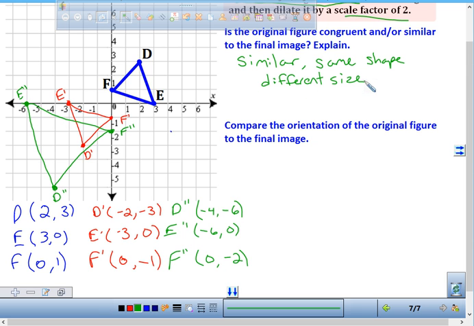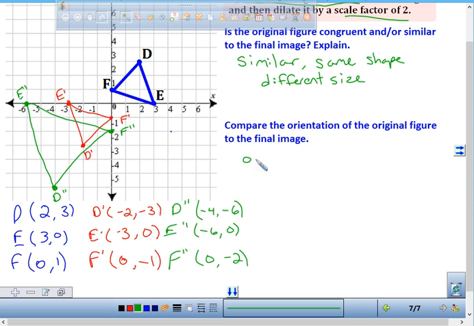And then the last thing, the orientation. Similar, or did it stay the same, or did it change? It did change. And what caused it to change? The rotation. Is the dilation going to change the orientation? No, it's just going to make it bigger or smaller. But the rotation did change the orientation.